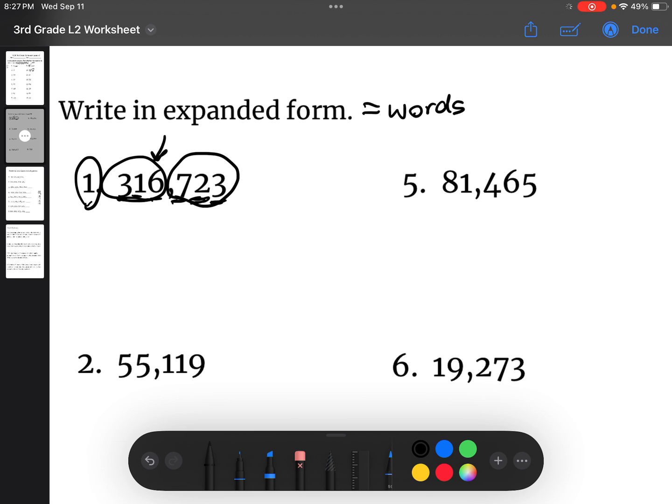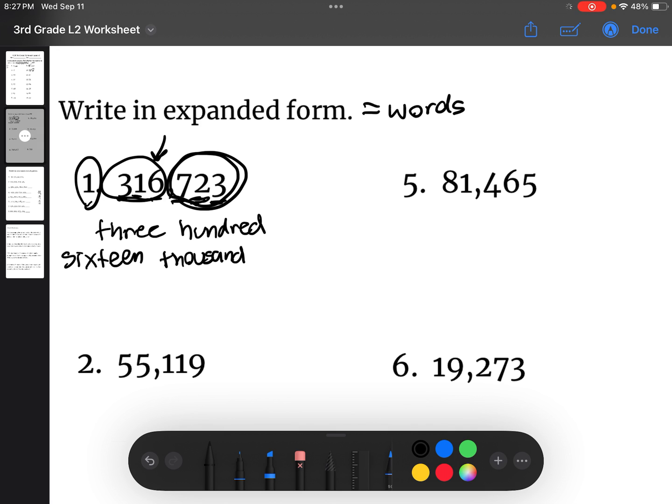But because we're in the thousands place, we're going to write 316,000. And then we're going to look at the next side, which is 723.